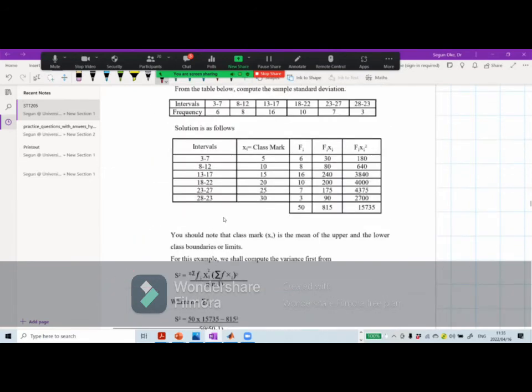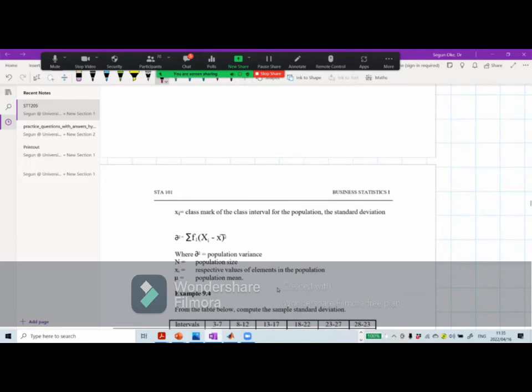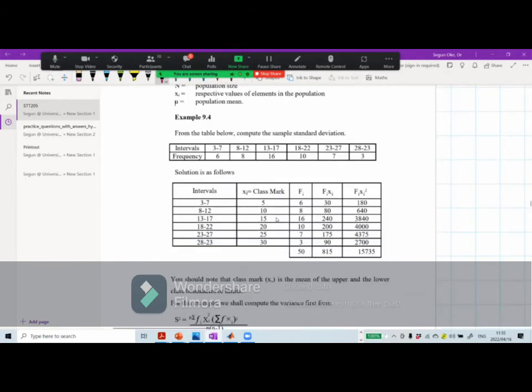If you look at this formula, is it not the same formula I gave you? It is, yes, sir.